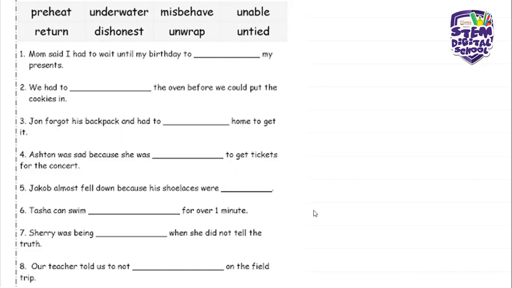Ashton was sad because she was what to get the ticket for the concert. We're going to use one of the words there at the top, like preheat, underwater, misbehave, unable, return, dishonest, unwrap, or untied. So Ashton was unable. Unable. Yes, that is correct. Thank you.